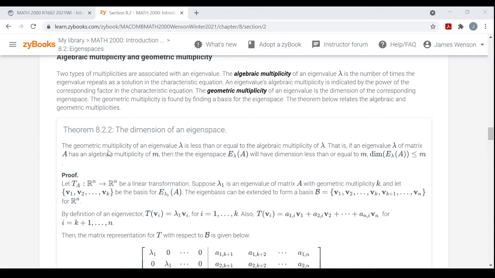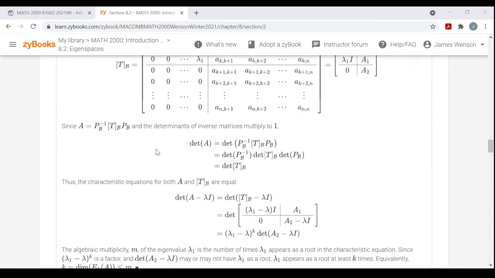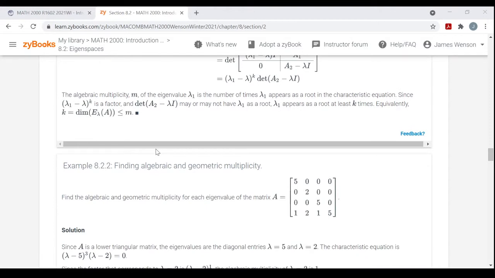All right, now I haven't shown you any examples of algebraic multiplicity, so let's get into one. Here's a very simple example, because look at this. This is a lower triangular matrix, so it's very easy to state the characteristic polynomial and the multiplicities of the eigenvalues, as I'll show you on paper in a second.